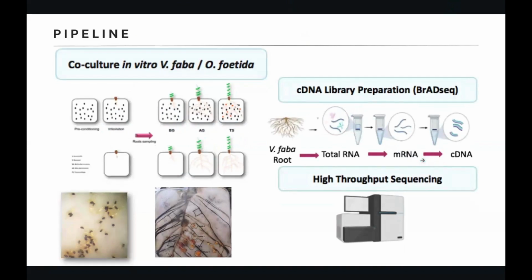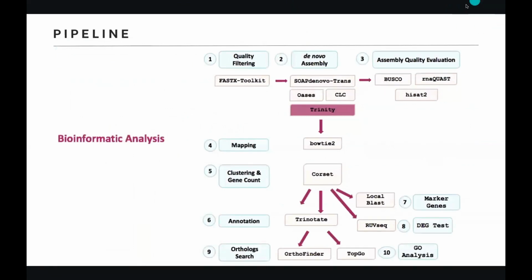Illumina platform. For the bioinformatic analysis, we adopted a similar strategy to the RAD-seq project, using multiple de novo assemblers: SOAPdenovo-Trans, Oases, CLC, and Trinity. The quality of the generated assemblies was evaluated using BUSCO, rnaQUAST, and HISAT tools.